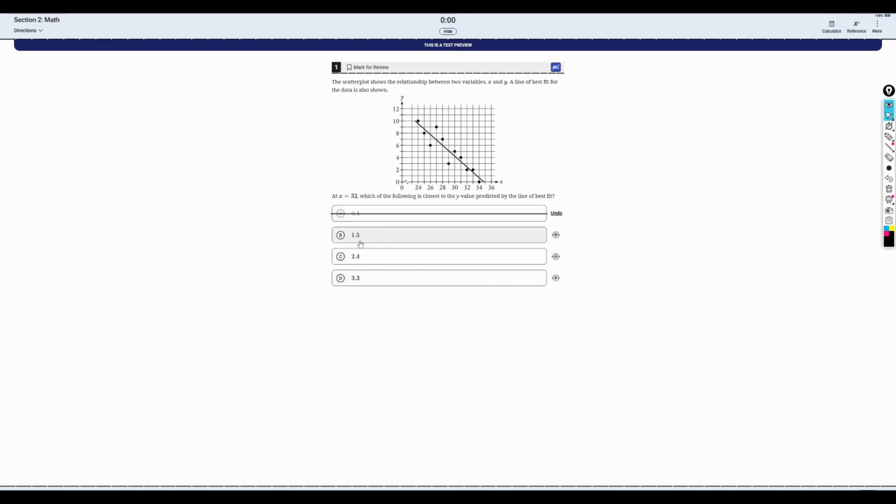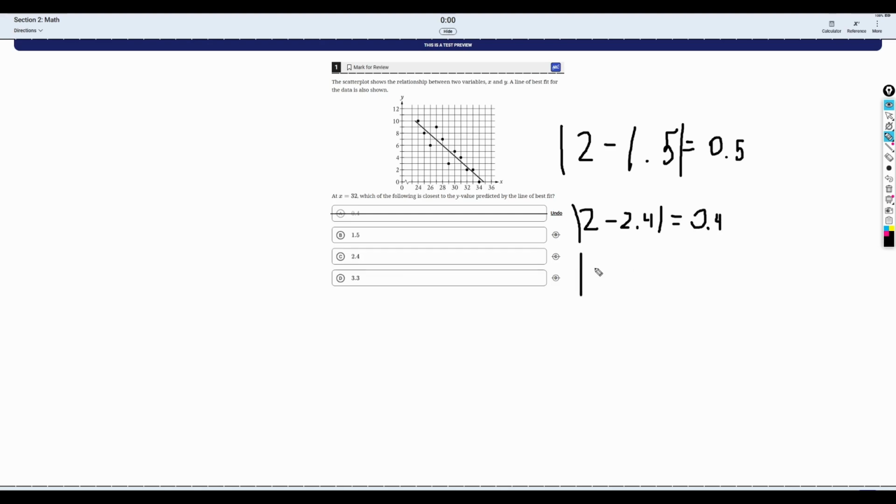So 1.5, let's see, 2 minus 1.5 equals 0.5. So that could be it. Now, 2 minus 2.4, we also want to do the absolute value of this, equals 0.4.